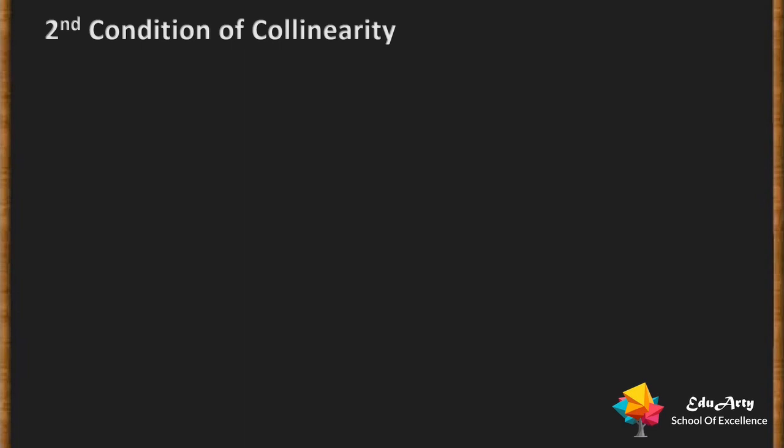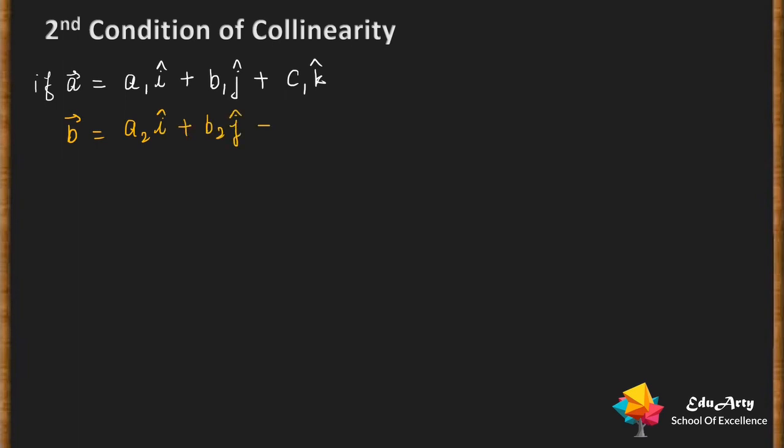Now let us say that we have a vector A equal to a1 i cap plus b1 j cap plus c1 k cap, and we have another vector, say B vector, which is equal to a2 i cap plus b2 j cap plus c2 k cap.